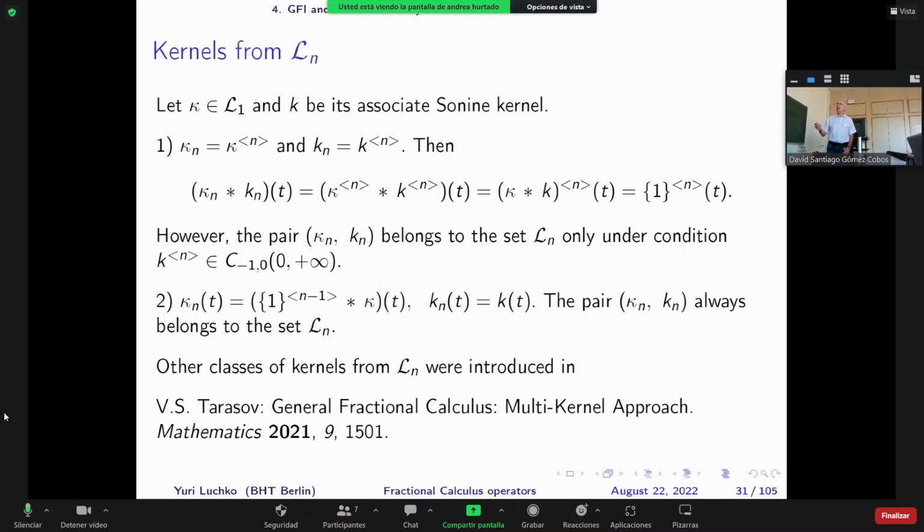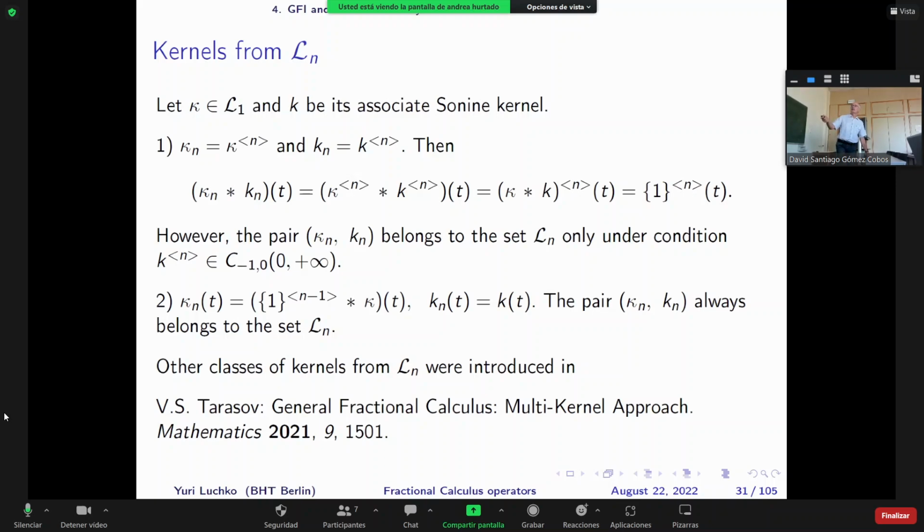Another possibility is to take two kernels from L_1 and to construct a convolution of the first kernel with the n-fold convolution of the function 1. It's of course a power law function, and in fact it's nothing else than the n-1 fold integral of the function kappa. In this case, both conditions are fulfilled.